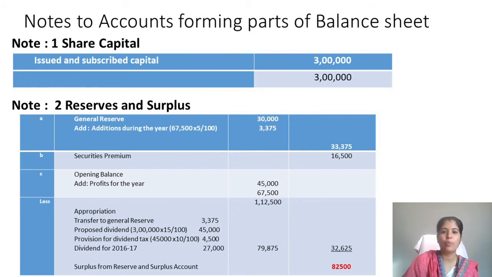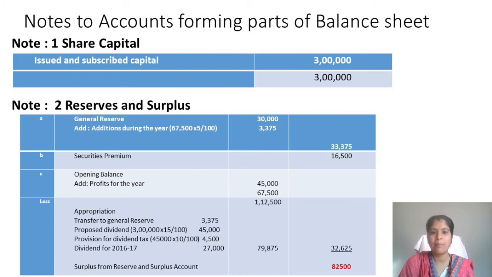So total appropriation is 79,875. This value you have to deduct from your 1,12,500, inner column values only. That is your reserves and surplus profitability value of 1,12,500.